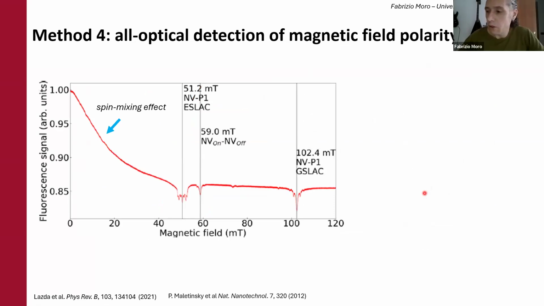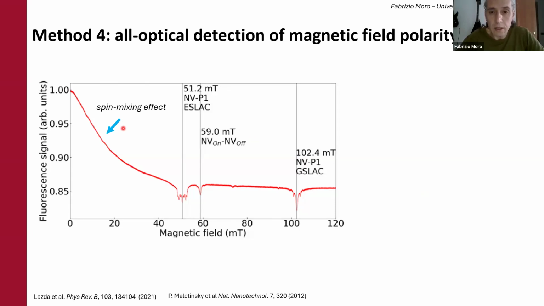So the fourth method I'm going to present is based on an all-optical method. All-optical detection of a magnetic field polarity is based on a phenomenon called the spin mixing effect. In this case, no microwaves are involved in our experiment, but the fluorescence signal is measured as a function of magnetic field. You can see that the signal decreases because of the so-called spin mixing effect, which means that the mS states of the ground state of the NV center are no longer pure states, but are mixed with each other.